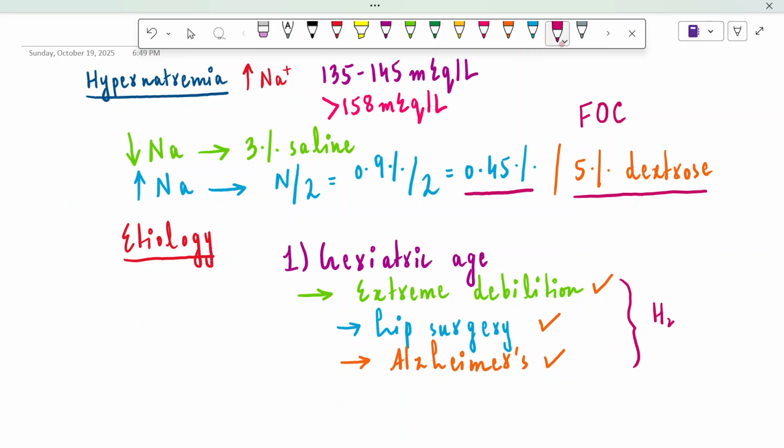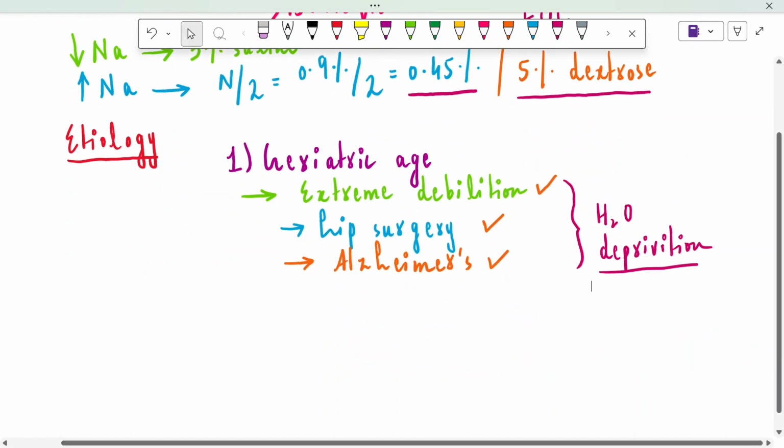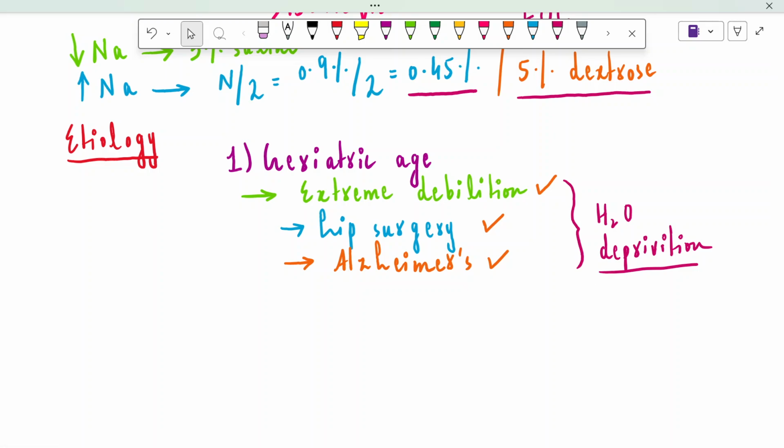There will be water deprivation, or we can say water depletion, in these patients. So these patients do not ask for water, and inside their blood the water is less and there is a concentrated amount of sodium, that is hypernatremia.